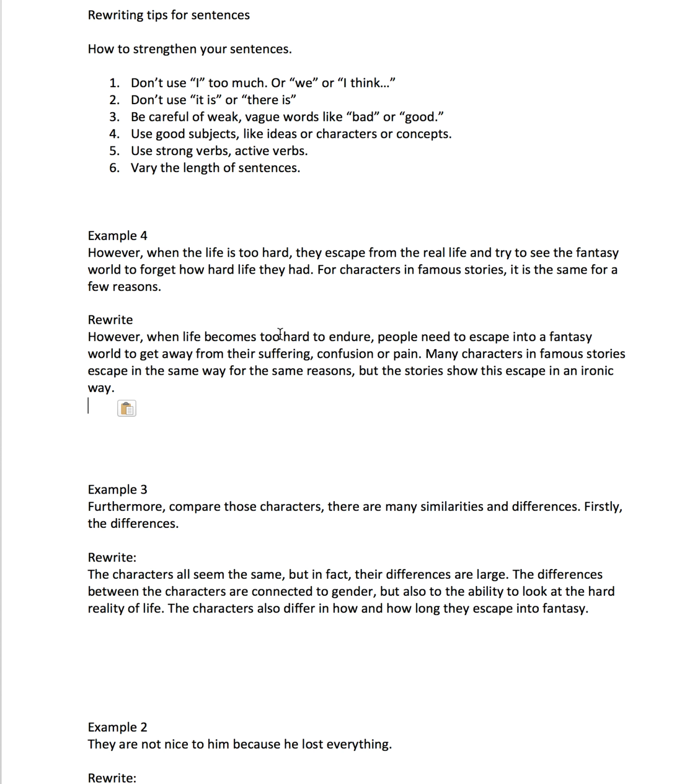However, when life becomes too hard to endure, okay, is too hard to endure, they, people, need to escape into a fantasy world to get away from their suffering, confusion, or pain. Okay? So this tells the specific things they're escaping. Okay? Many characters in famous stories. Okay? So this is maybe about the same. Okay? But let's look how we change it.